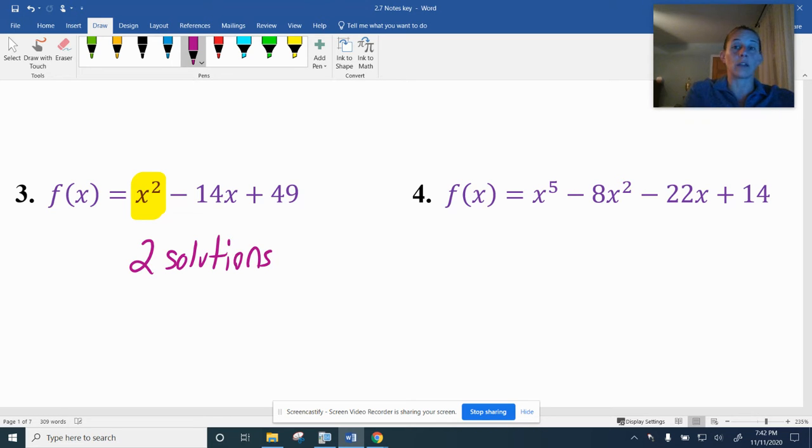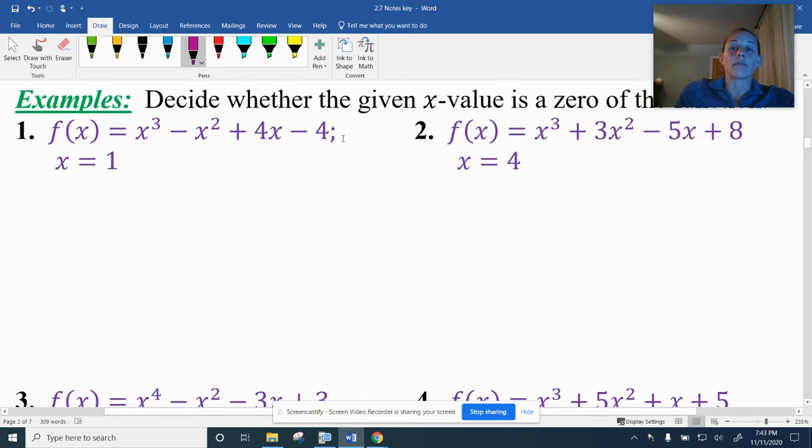But like I showed you in that other example with the tangent, those 2 solutions could be the same number twice if it's a repeated root. And number 4, this is a 5th degree polynomial, so this one would have 5 solutions. And remember, these numbers of solutions include those repeated roots if there are any, and also those imaginary pairs.